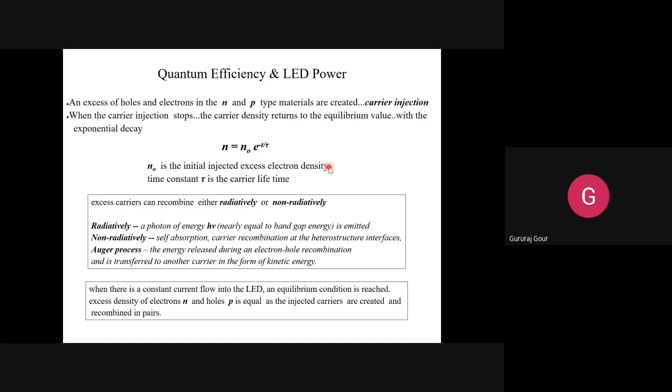With this exponential decay, that is what I am telling. We are considering the case after carrier injection, with this much decay, e to the power of minus t by tau, where N naught is the initial injected electron density. With the lapse of time, it will decay exponentially. But before it decays, what will happen?